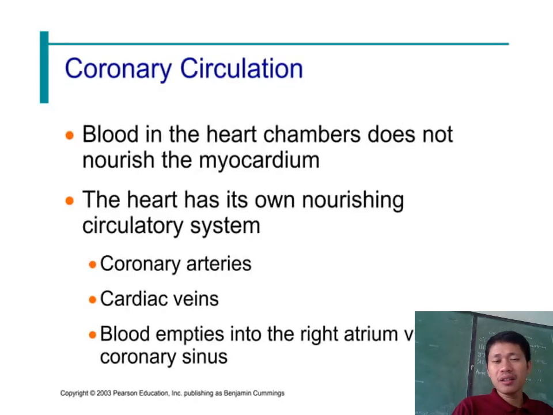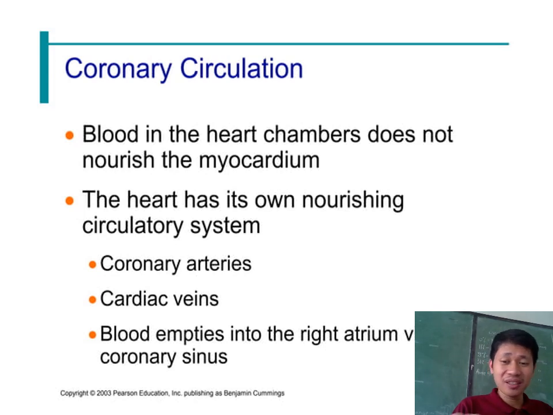Next is the coronary circulation. How does the blood circulate within the heart itself, I mean within the heart wall? The blood in the heart chambers does not nourish the myocardium. So where does the cardiac muscle get its nutrients, its glucose, for example?